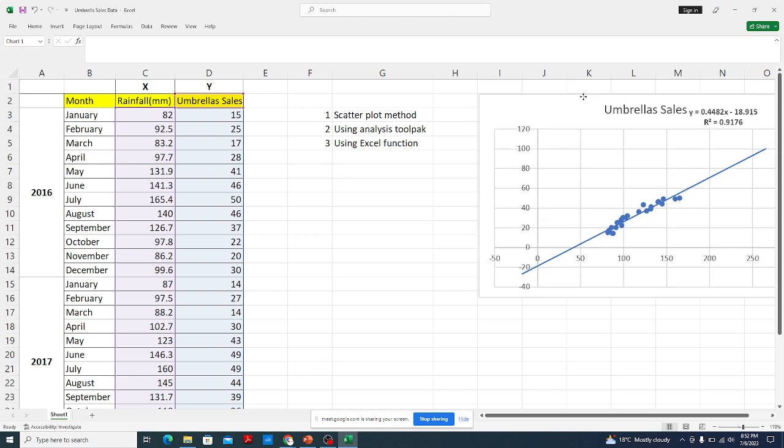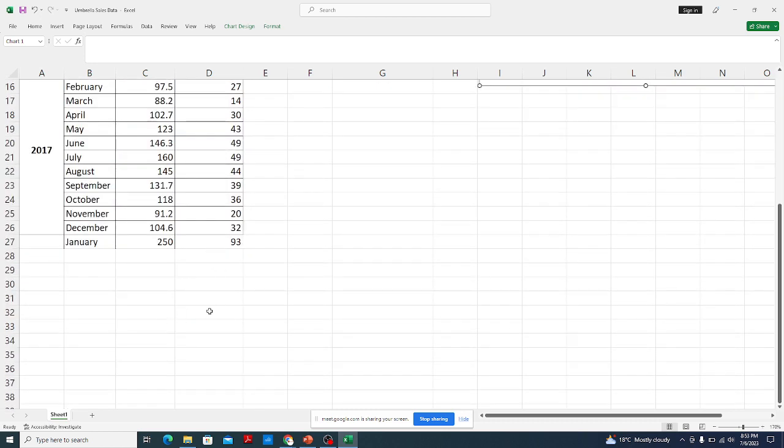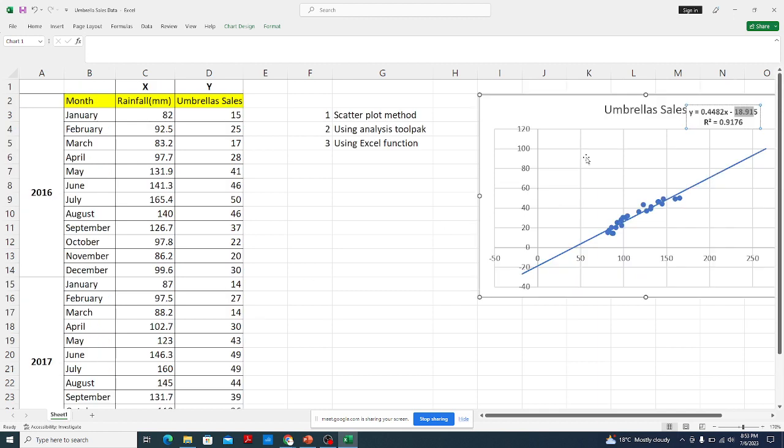So I guess up to that point, no one has any doubt or any challenge with the scatter plot method. Our objective was to get these coefficients, because if we have these coefficients, then it will be easy for us to do the forecasts.